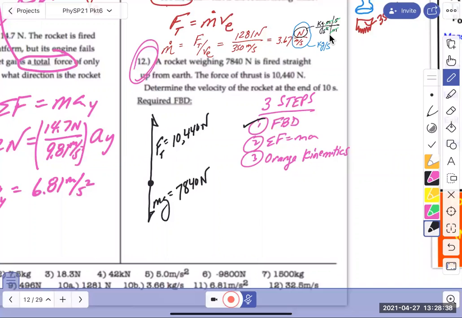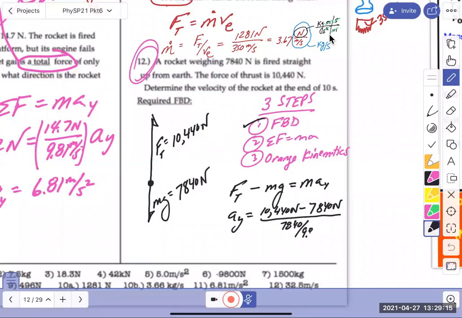And so we say, okay, that is force of thrust is positive, remember in a free body diagram, the direction of motion is positive, minus mg, which opposes motion, equals m a(y). I'm trying to solve for ay, so I can plug in my kinematics. So ay, I'll just go ahead and plug in the numbers here, is 10,440 minus 7,840, divided by m, which is 7,840 divided by 9.81.